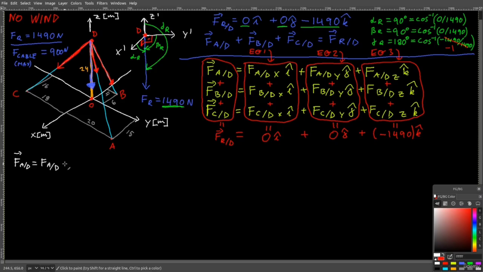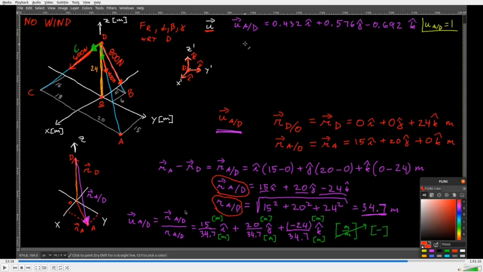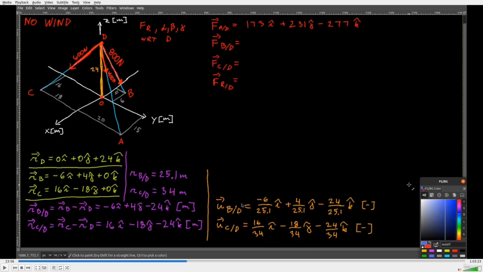The magnitude of that vector times UA with respect to D. Similarly, I have force B with respect to D. I have its magnitude times the unit vector B with respect to D. And then force C with respect to D. Again, magnitude times UC with respect to D. We calculated these unit vectors in the previous videos. UA with respect to D was this one here, and then UB with respect to D was this one, and UC with respect to D was this one.